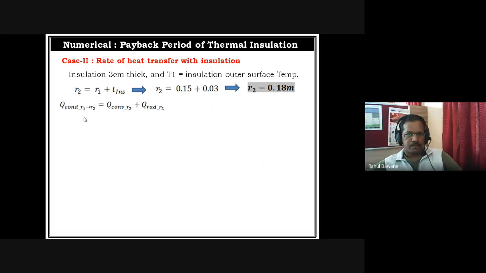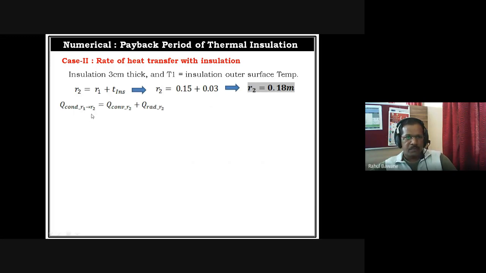Now when there is insulation, heat will transfer from pipe surface to outer surface of insulation by conduction. Conduction through that insulating wounding, from R1 to R2.